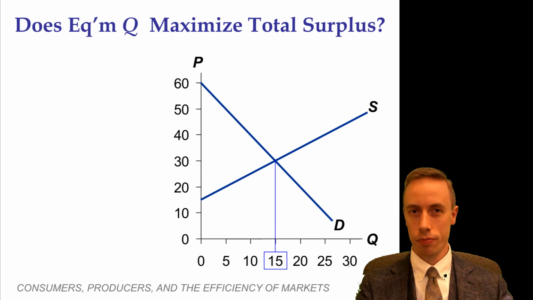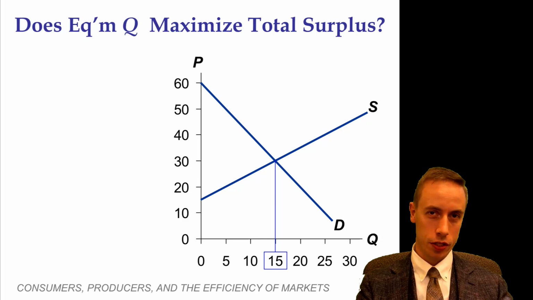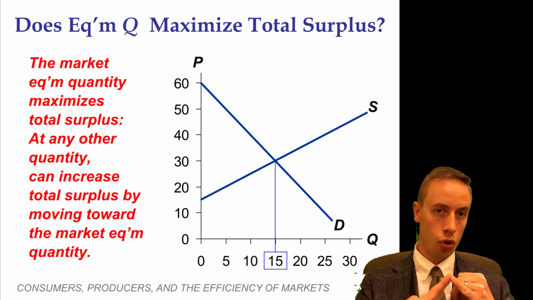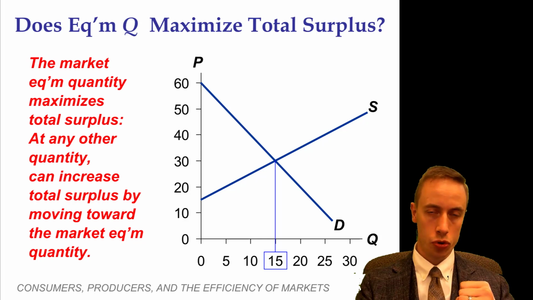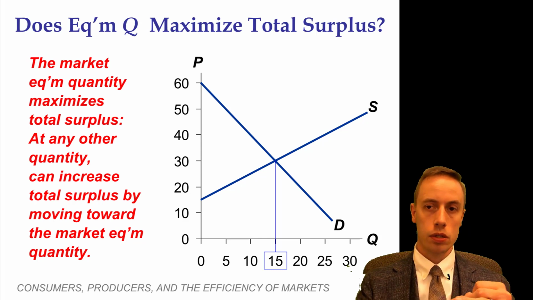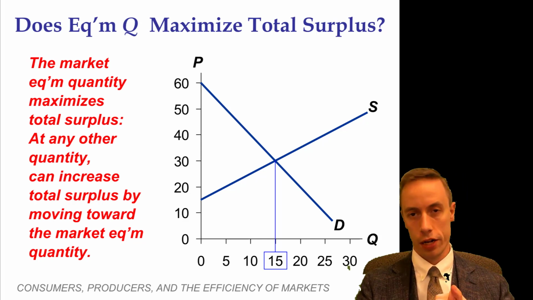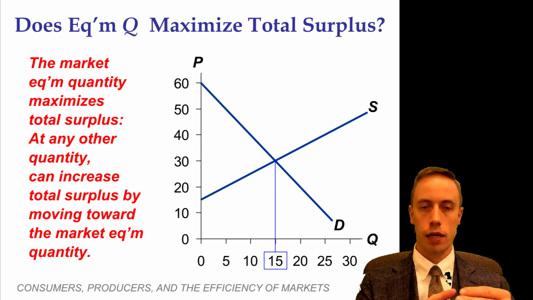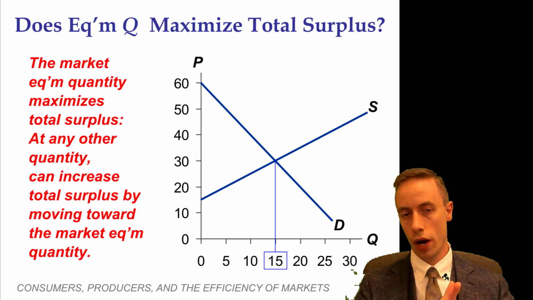A competitive market reaching its equilibrium has desirable properties from an efficiency standpoint. It produces all the shoes that contribute to total surplus, none of the shoes that would subtract from total surplus. It produces the shoes that have the lowest cost and allocates them to the buyers who have the highest value.